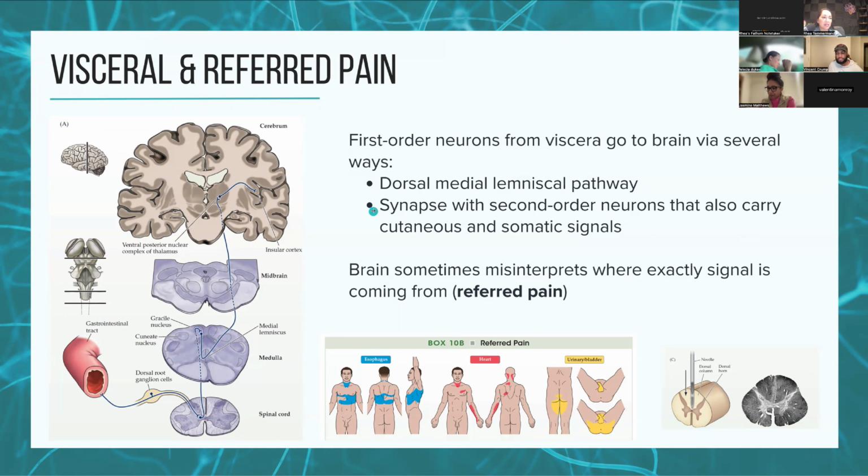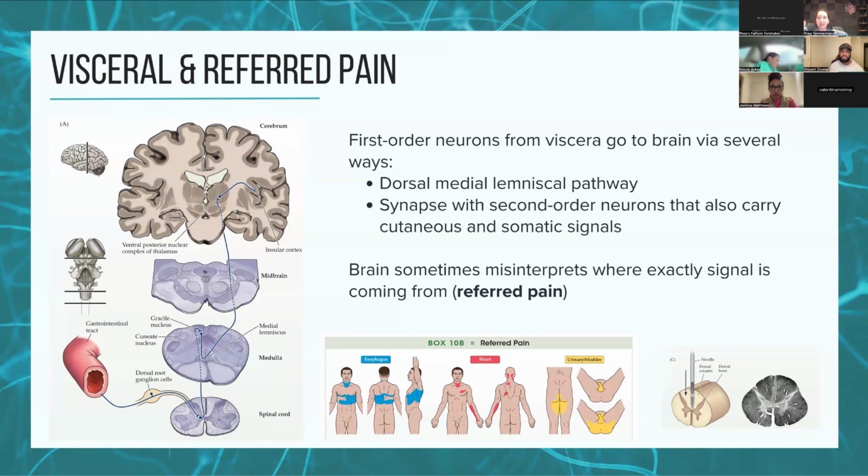So, what happens sometimes is when you have first order neurons that come from the viscera, like your organs, oftentimes they will share a second order neuron from some other part of your body, like your limbs, your skin, your muscles, or somewhere else. And because it's sharing the second order neuron with another part of your body, by the time that signal reaches your brain, it's actually not sure where that signal came from.